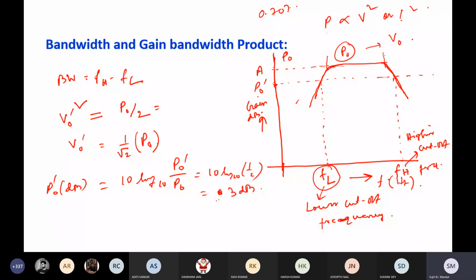Okay, so it is minus 3 dB. That's why it is called the 3 dB point, or also the half power point.